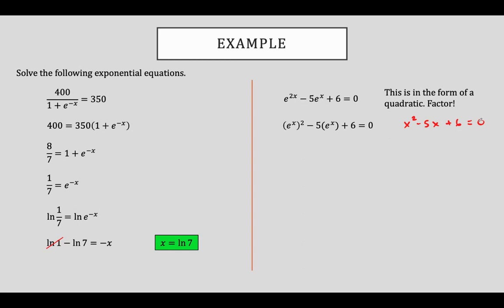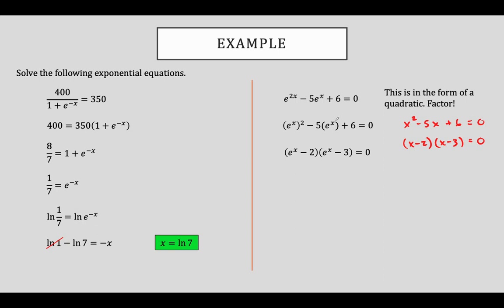Well, this would factor into x minus 2 times x minus 3 is equal to 0. So this equation that is in the form of a quadratic is going to factor in a very similar manner, except instead of x's, we have e to the x's. So this factors into e to the x minus 2 times e to the x minus 3.